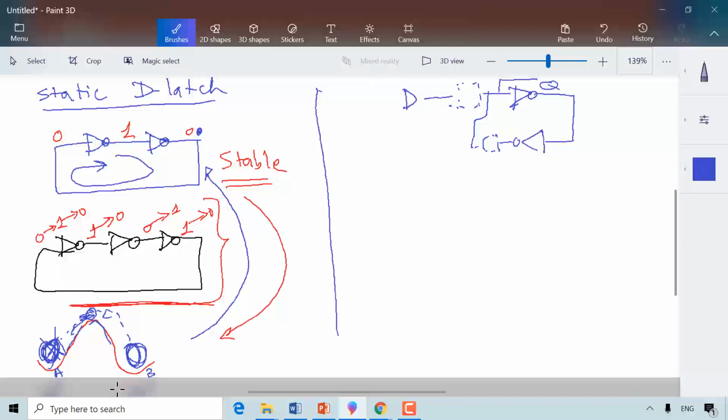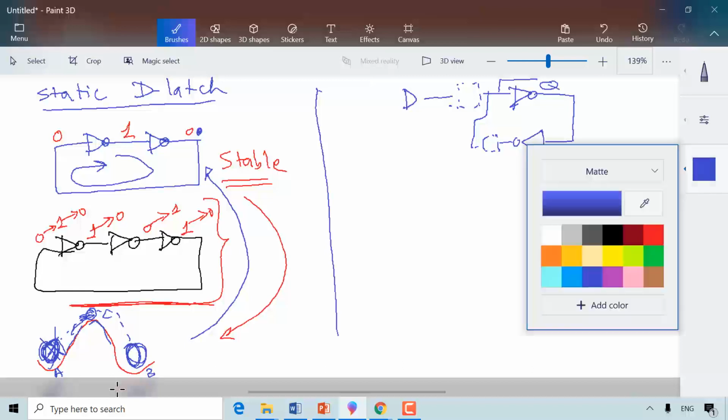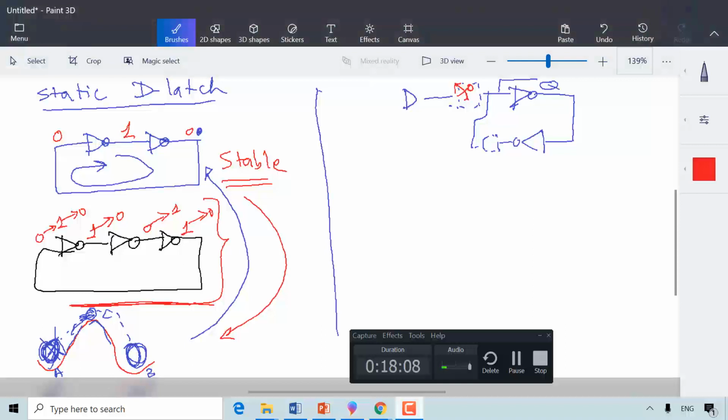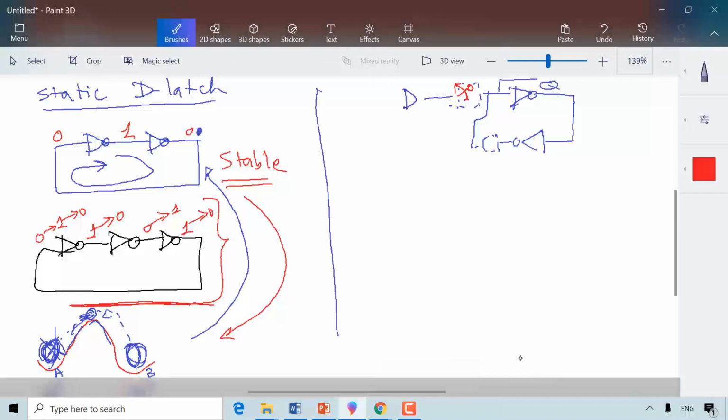Notice how many switches I have. I indicate each switch as something that can be turned on and off. There is a switch here that I can trigger on and off, and the other switch closes and opens based on the operation.